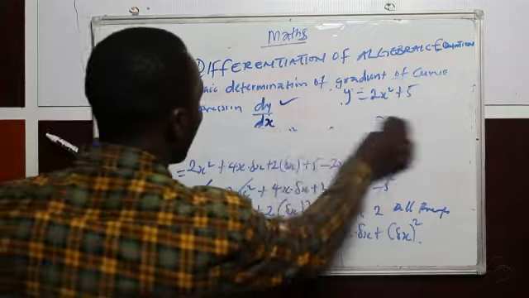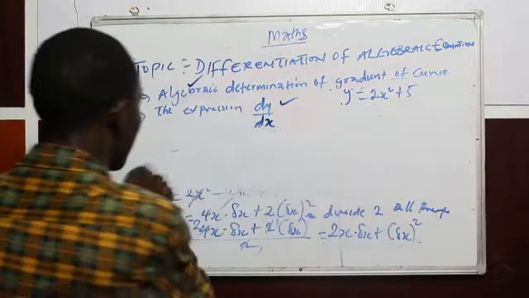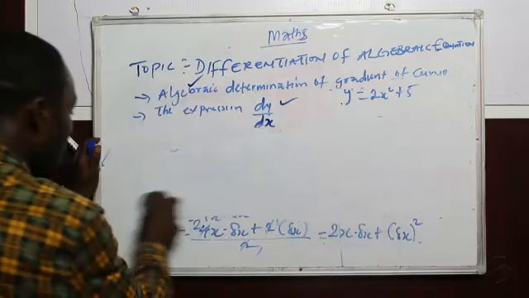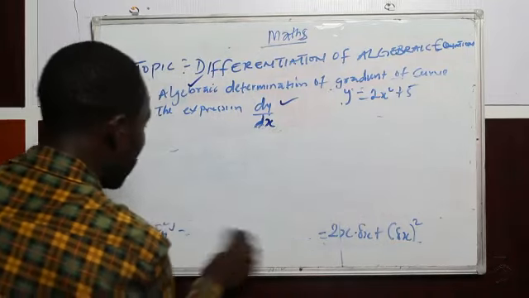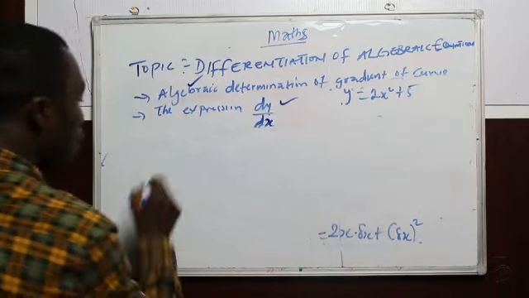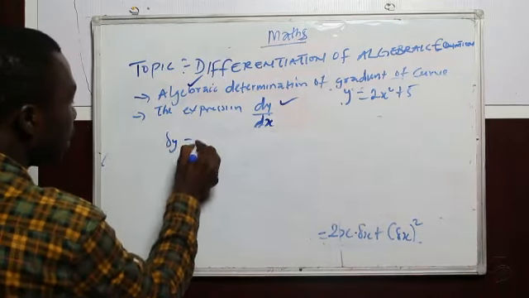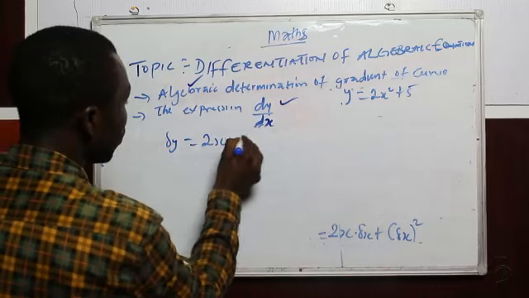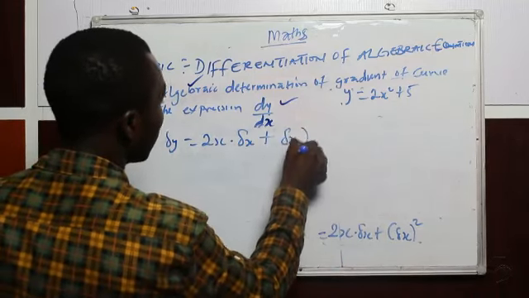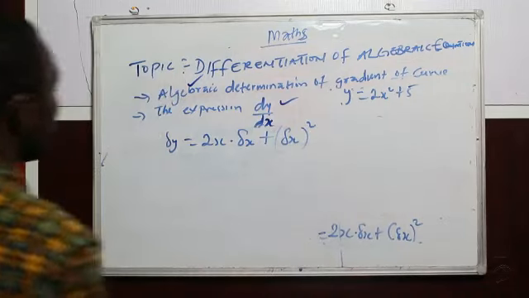Let's move forward because we have not solved the question to the end. Now, Δy is equal to 2x·Δx plus (Δx)².